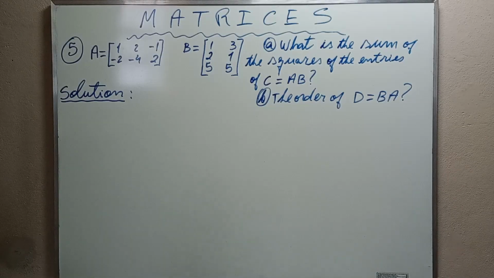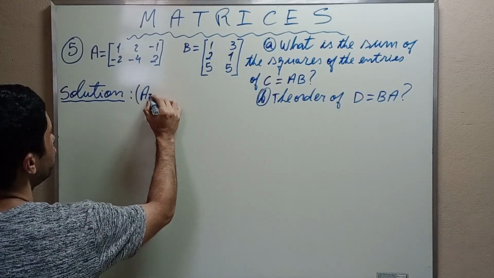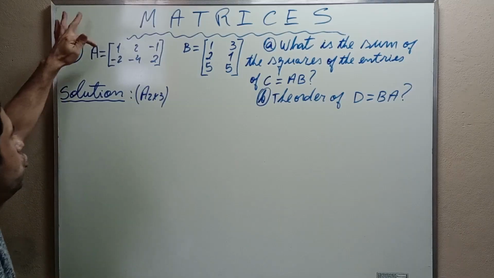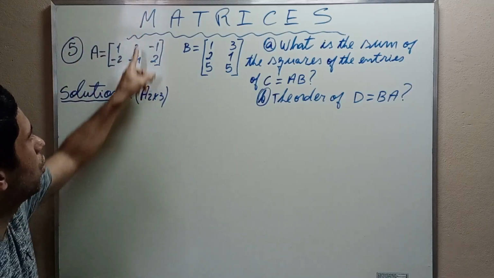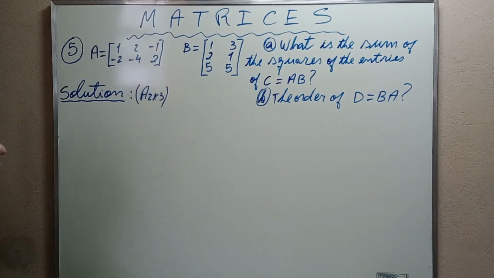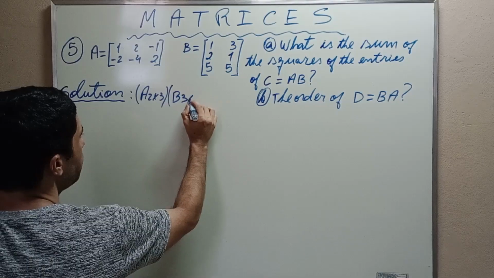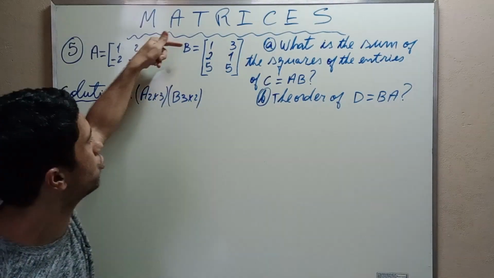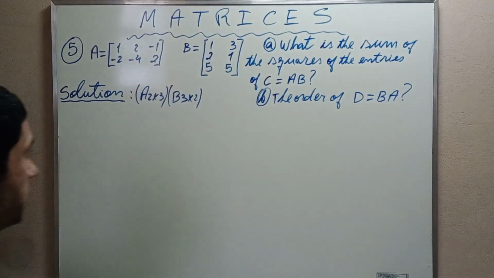Observe that A is a 2 by 3 matrix, which means that A has 2 rows and 3 columns, and observe that B is a 3 by 2 matrix, which means that B has 3 rows and 2 columns, okay?